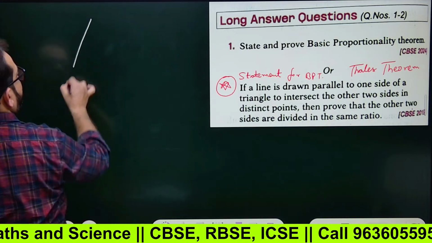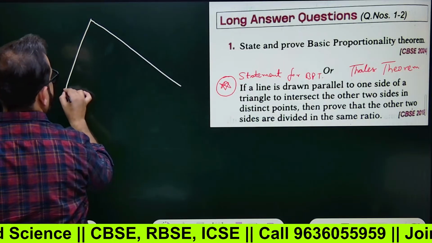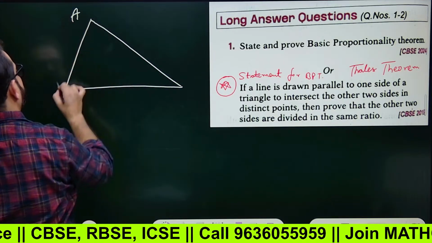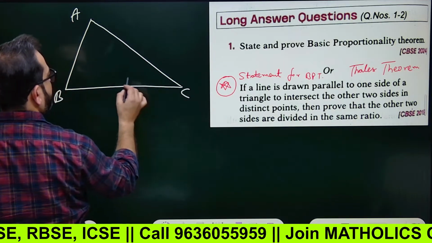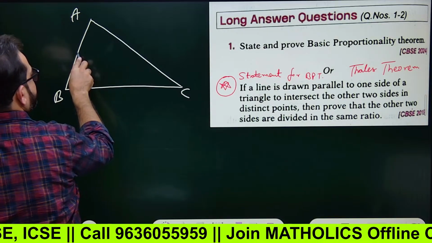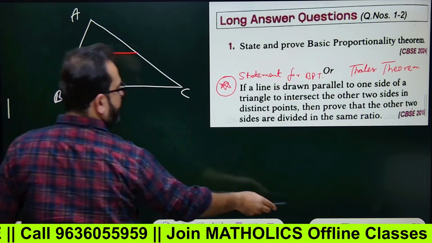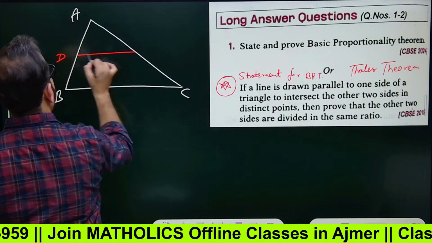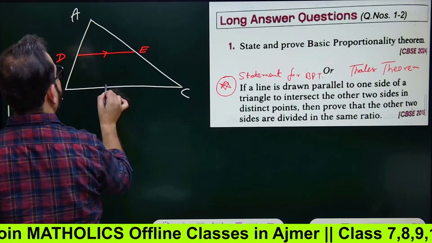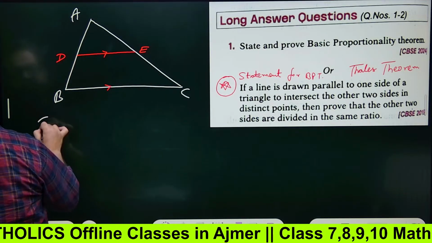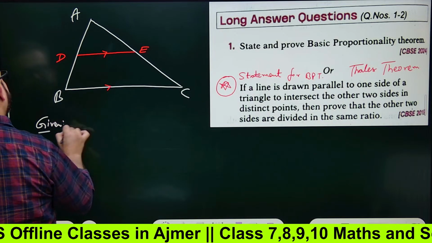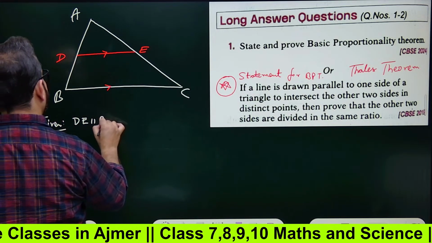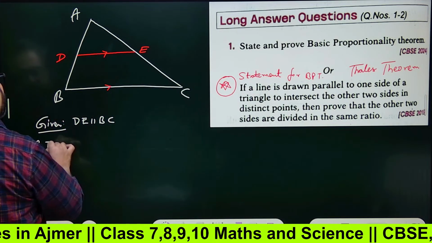If a triangle is given like this, triangle ABC, and a line is drawn, it is given that DE is parallel to BC. What is required to prove?